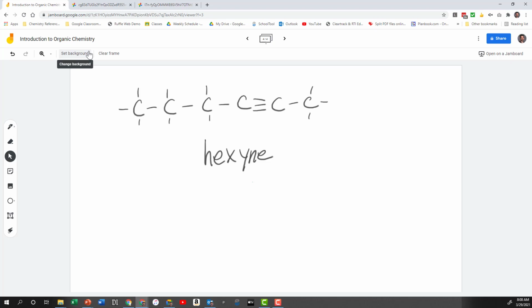If we number it from left to right, the number is going to be greater than if we number it from right to left. So we're going to say this is 1, 2, 3, 4, 5, 6, and so this is going to be called 2-hexyne. Okay.